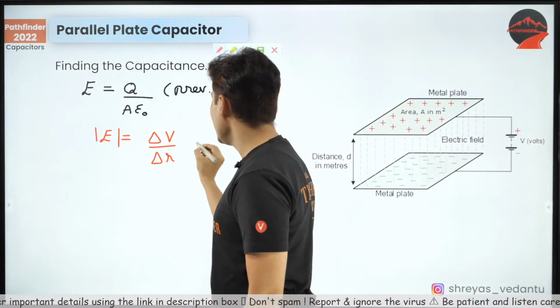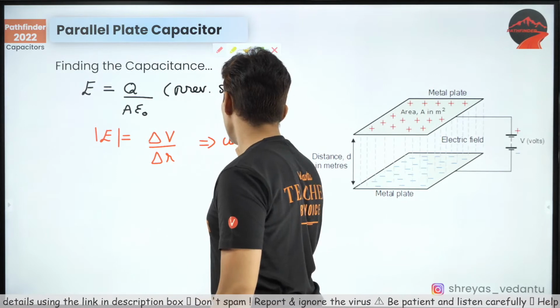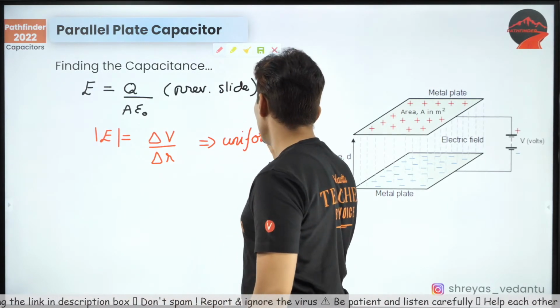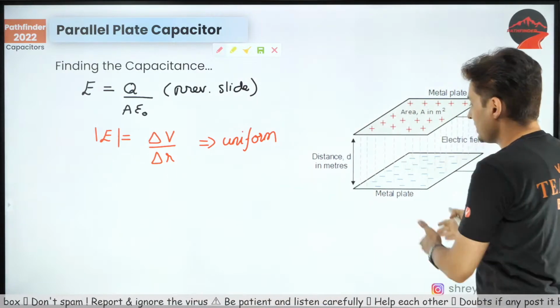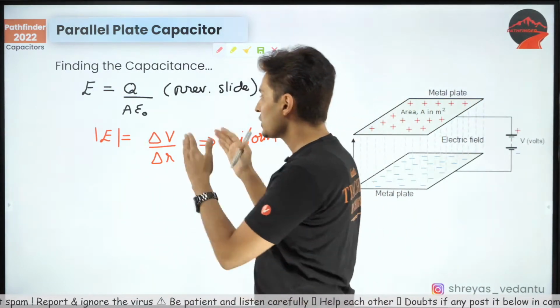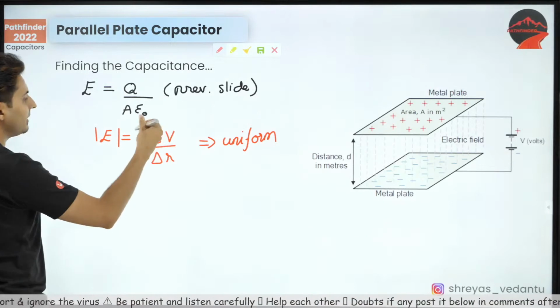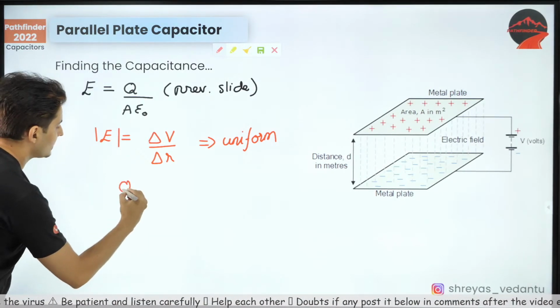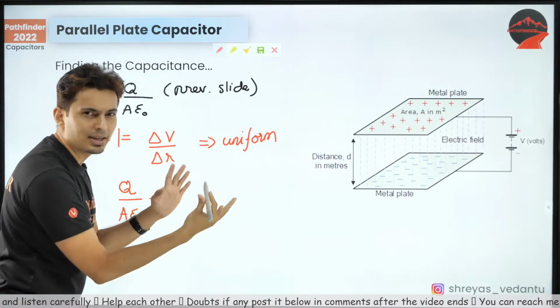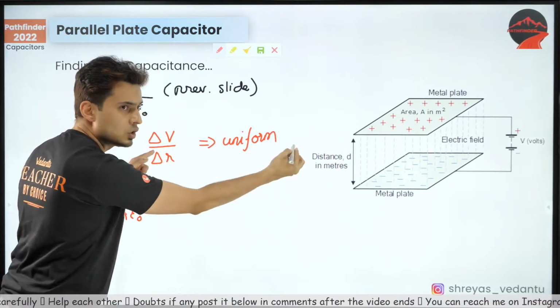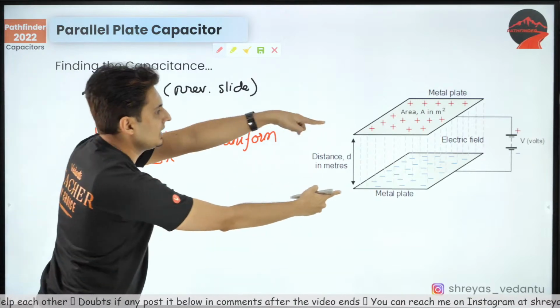But this E, if it is uniform, why is it uniform? You can see this is a constant value. They are parallel lines. It's a uniform field. So guys, just substitute everything out here. E's value is Q by A epsilon naught. I don't have to do derivatives or integration because it's a uniform field. So what's the voltage difference?